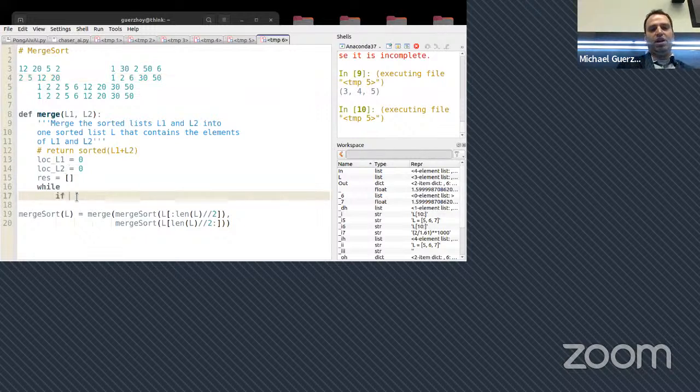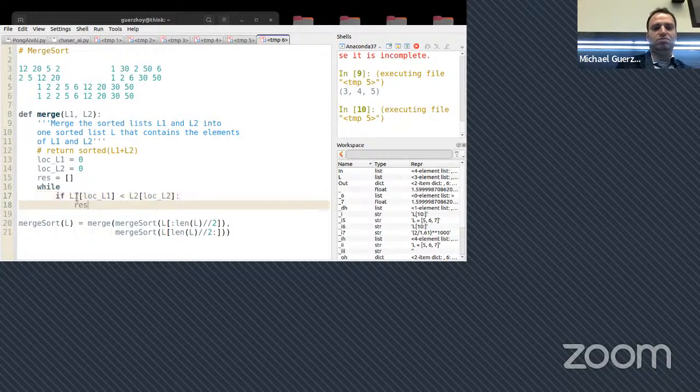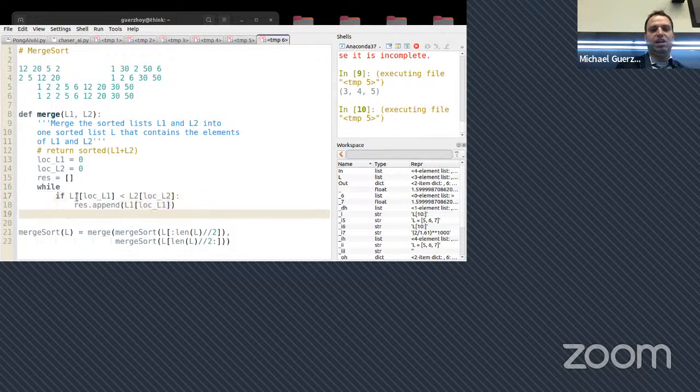Right, so if this one is smaller, append this one, and advance the location in L1 by 1.